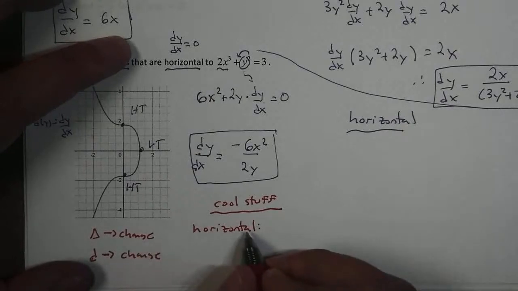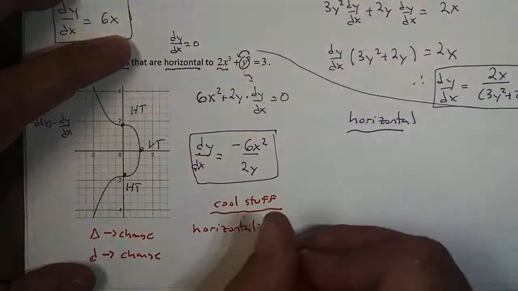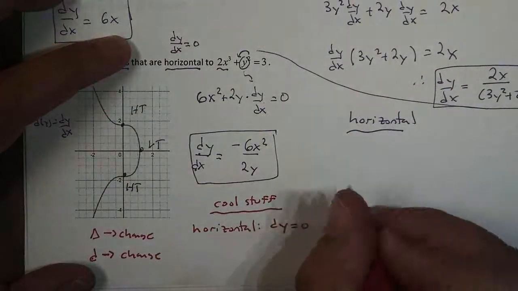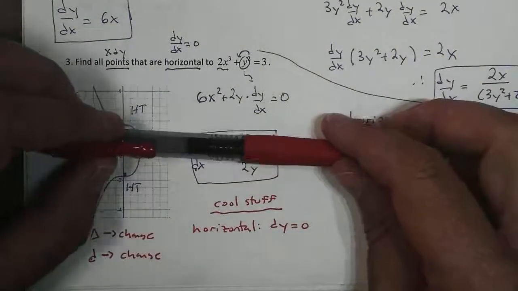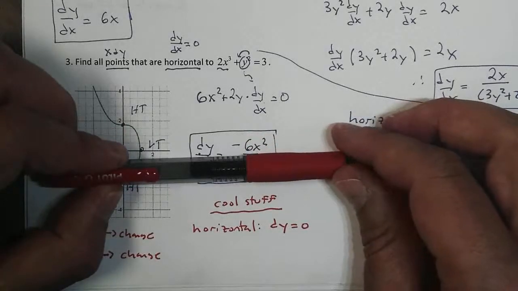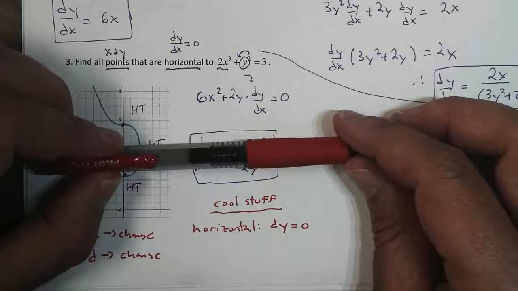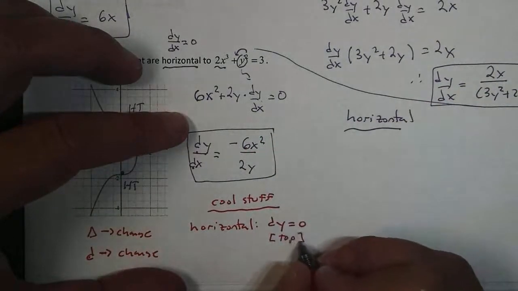So when I'm looking for the horizontal, I'm looking for the change in y is 0, or dy is 0. And that's what's really nice about it. Because if you think of your derivative as top and bottom, the dy, the change in y, is on top, the change in x is on bottom. I only have to look at the top of my derivative.